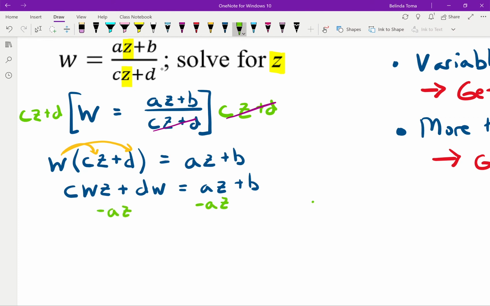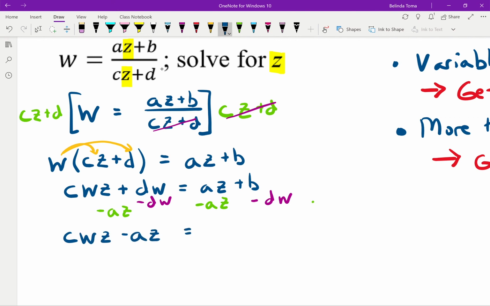And because I want to get that isolated or by itself, I'm also going to subtract DW from both sides. So I'm kind of doing one step, or two steps rather, in one process. So hopefully you are okay with that.